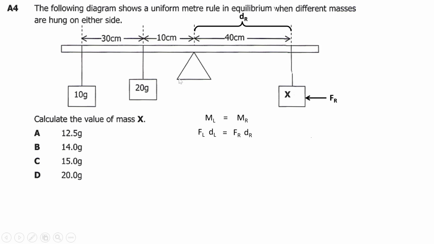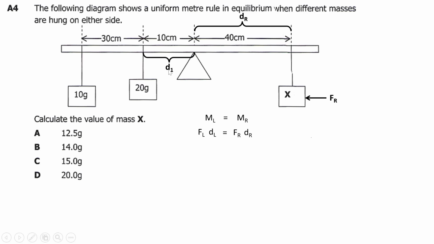Then we move. We have again this distance here, which we can call d1, because there are two objects, this object and this object. So now I've started naming the distance of this mass from the pivot here.